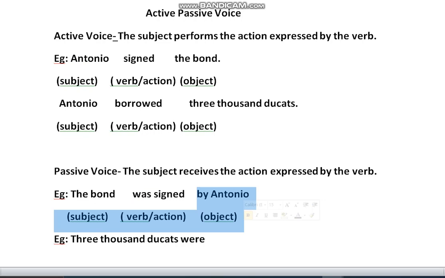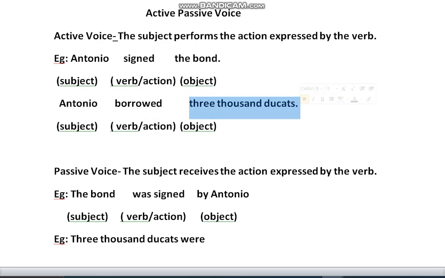Action, of course, remains the same and the subject becomes the object. The order has changed. Another example is: Antonio borrowed 3000 ducats. Here, Antonio is the subject, the action is borrowed, and the object is 3000 ducats. When we convert it into passive voice, this object in the active voice will become the subject in the passive voice.